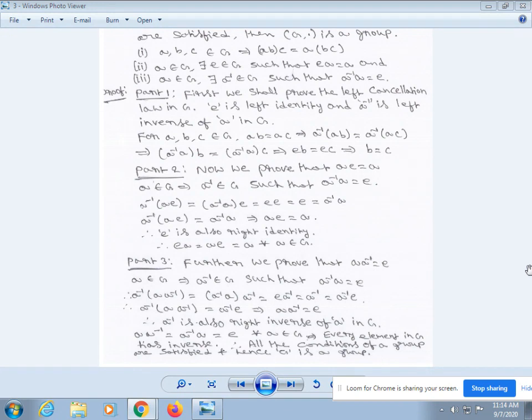Therefore, a inverse (a a inverse) equals a inverse e. Since a inverse is cancellable, that implies a a inverse equals e. Therefore, a inverse is also the right inverse of a in G. a a inverse equals a inverse a, that equals e, for all a belongs to G. That implies every element in G has an inverse. Therefore, all the conditions of a group are satisfied. Hence, G is a group.